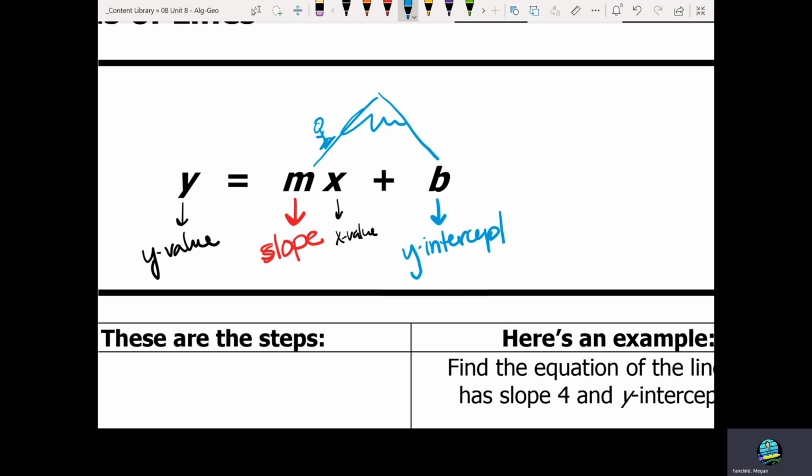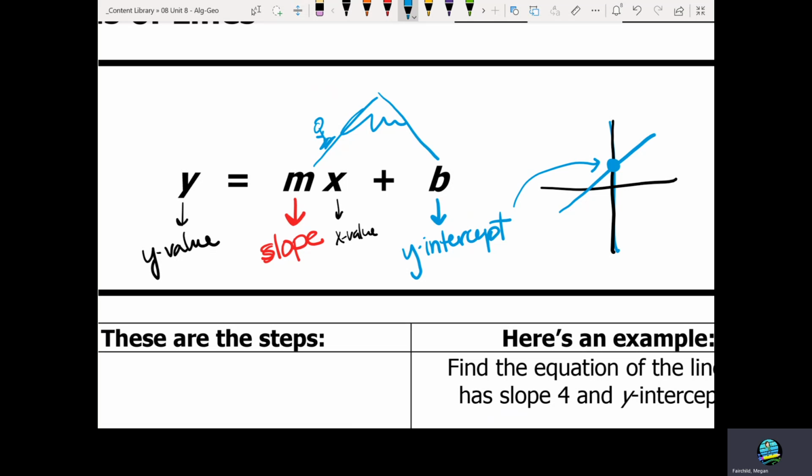What's the name of this form, y equals mx plus b? Slope-intercept form. It's named because that's what you find in it, the slope and the intercept. Remember, the y-intercept is where the line crosses the y-axis. This is the y-intercept. Okay?